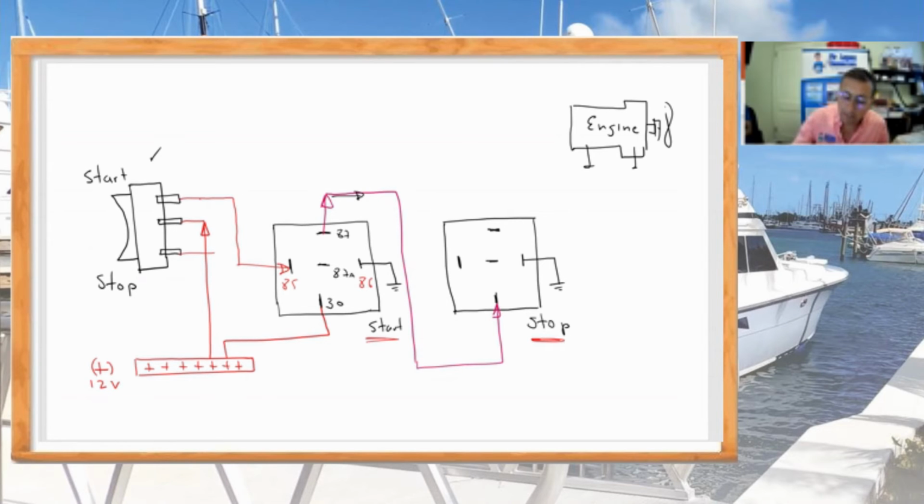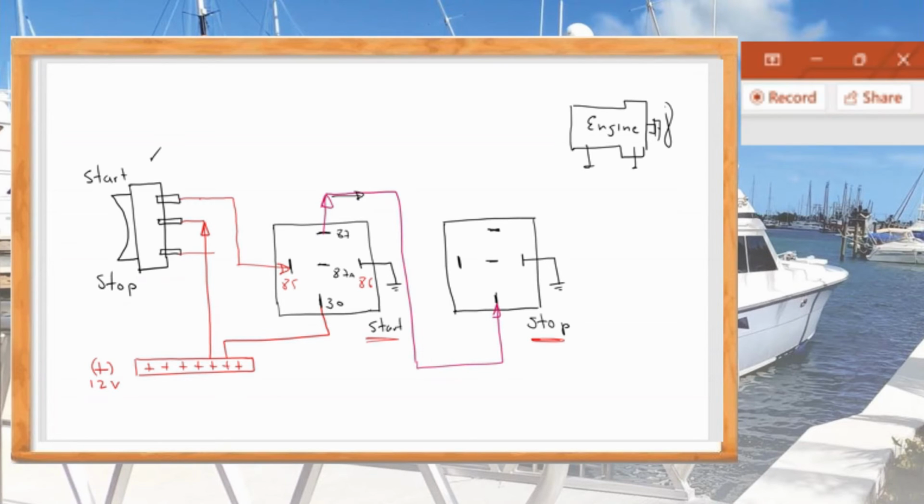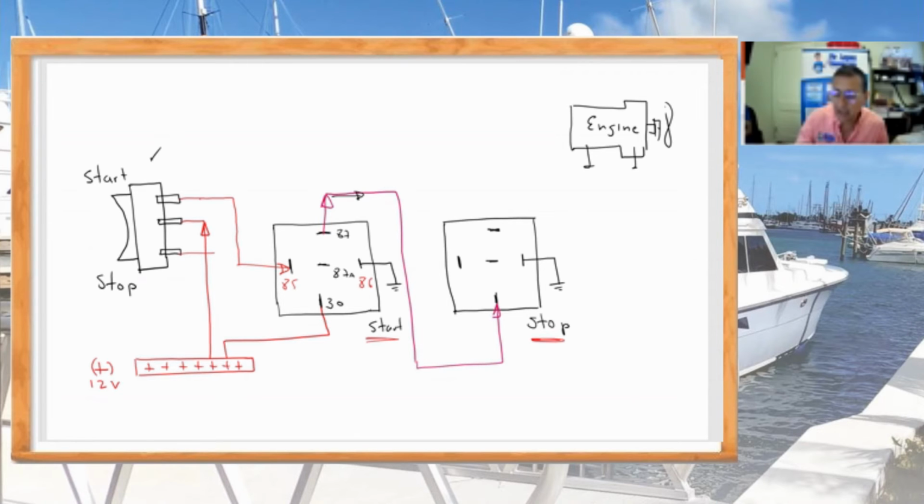What happens with the purple cable in 87? Right now, is it powered or not? It's powered. I have current, and the current comes out and enters position 30 of the second relay. Yes or no? Yes. Okay, and I am going to send power here to start the engine. And the engine starts. Bingo, finito.